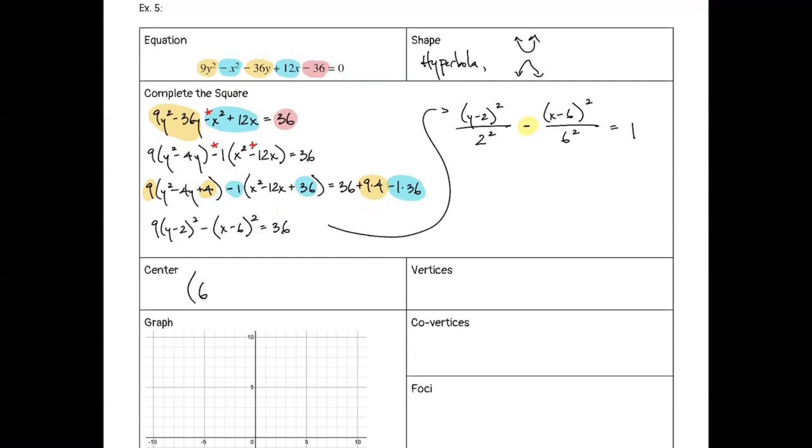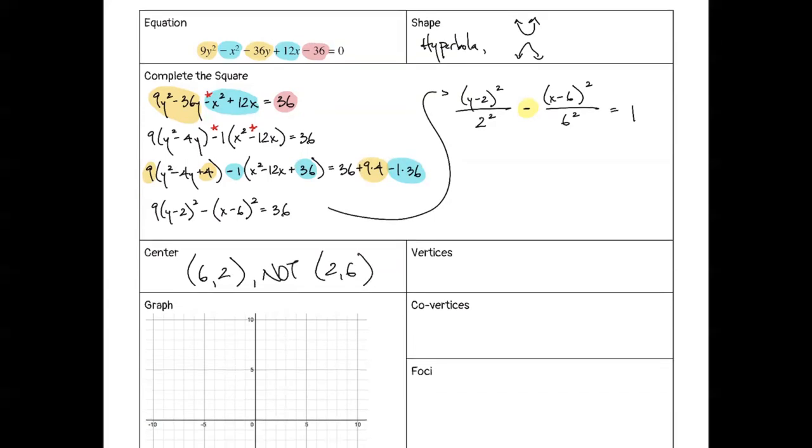I would agree 100% with Ian that 6 is the x coordinate of the center. What's the y coordinate of the center? 2. Very nice, very nice. 6, 2 is our center, not 2, 6.